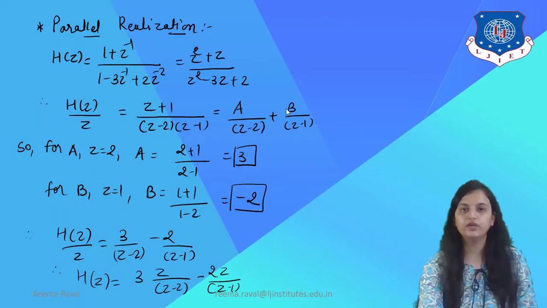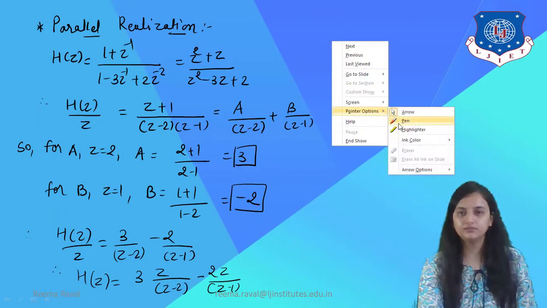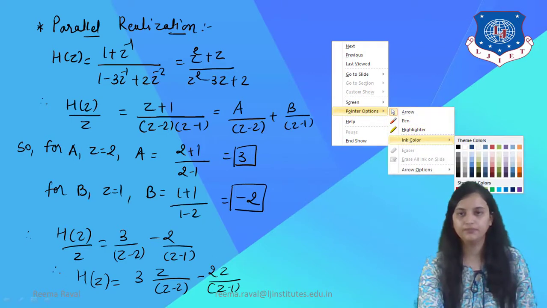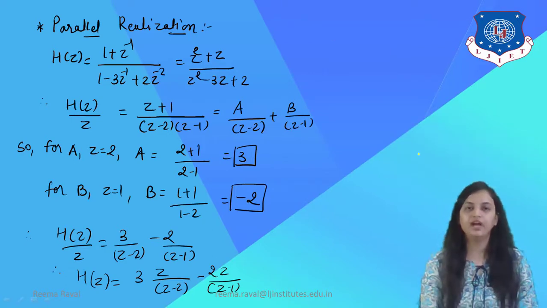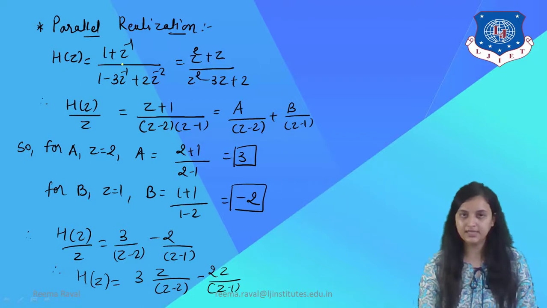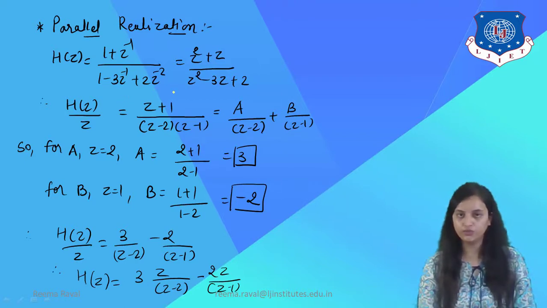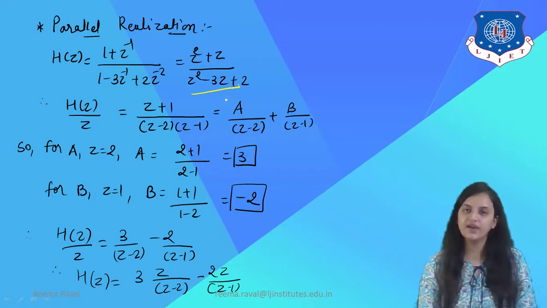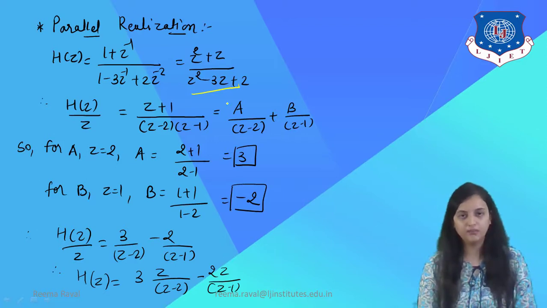As you can see over here, to obtain the parallel form structure, we have taken h of z equals 1 plus z inverse upon 1 minus 3z inverse plus 2z raised to minus 2, which will give us z square plus z upon z square minus 3z plus 2 in the positive power term.